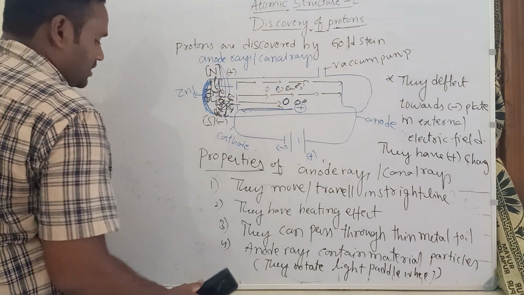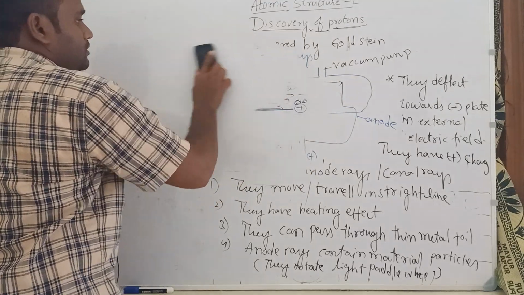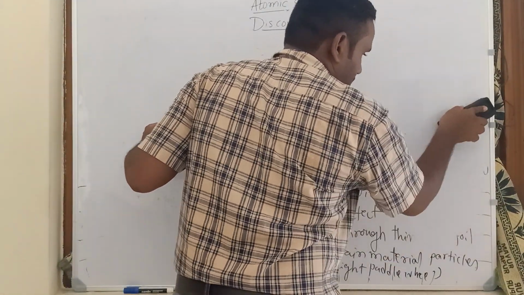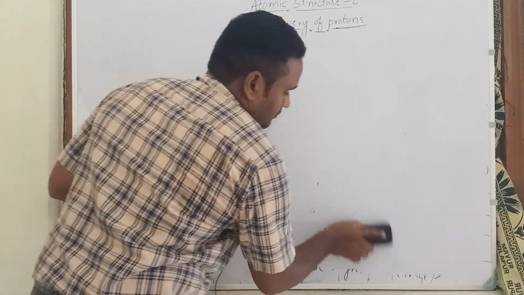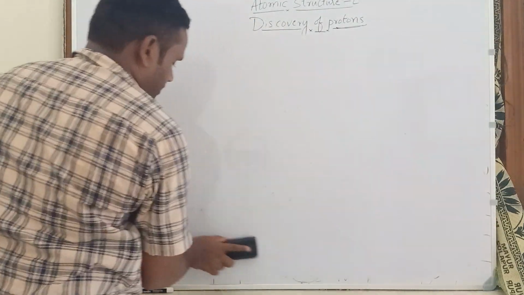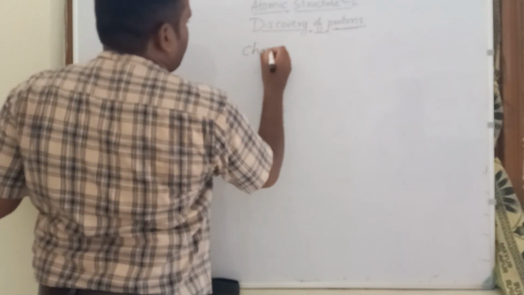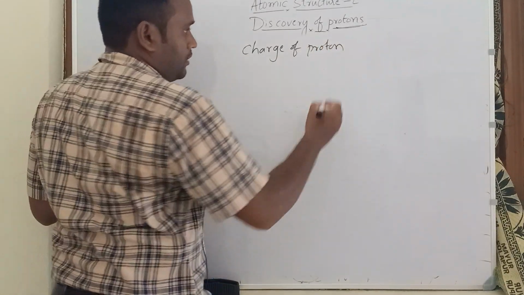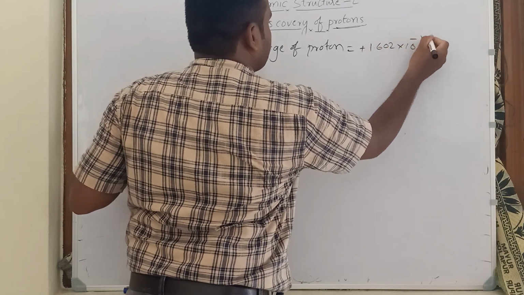Next, let us discuss the charge of proton. The charge of proton is equal to plus 1.602 times 10 to the power of minus 19 coulombs.